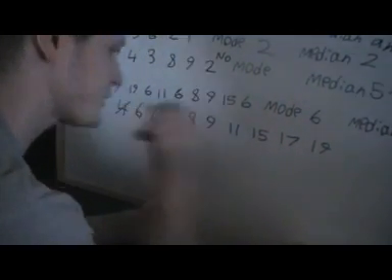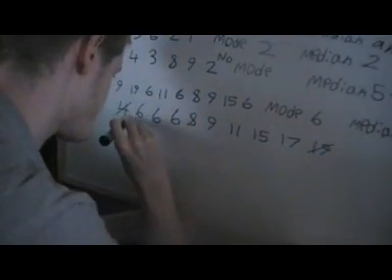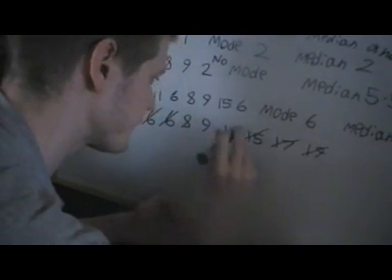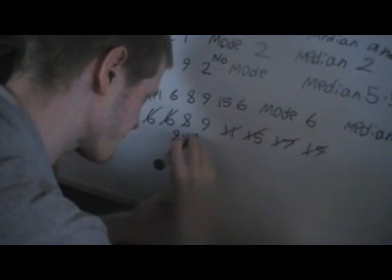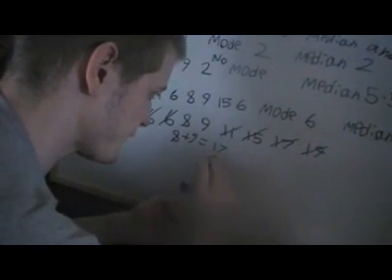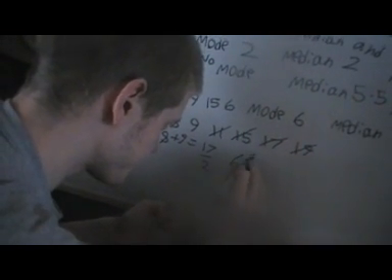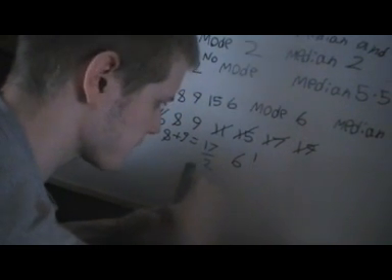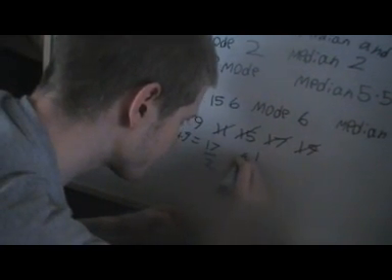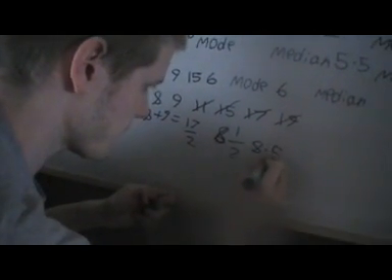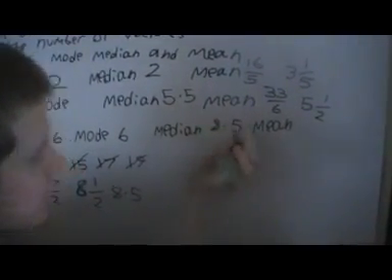So what I'm going to do is cross them out from each side to see which ones are the middle two. I've crossed out 3 from each side. Right, now I add up the 8 and the 9. I get 17, and we'll divide that by 2. Sorry, not 6, 8 and a half, which is 8.5. So the median for this one is 8.5.